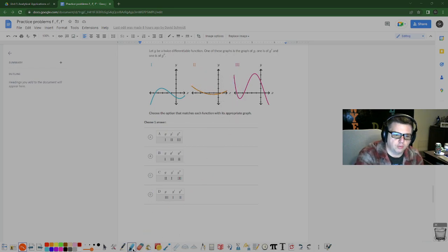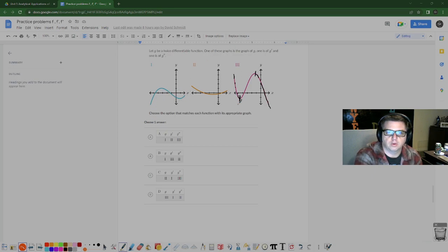So now 3 has to be the original function. So we decrease till we get to here, increase till we get to here, and then decrease again. We're negative, then we're positive till we get to here, and then we're negative the rest of the way.